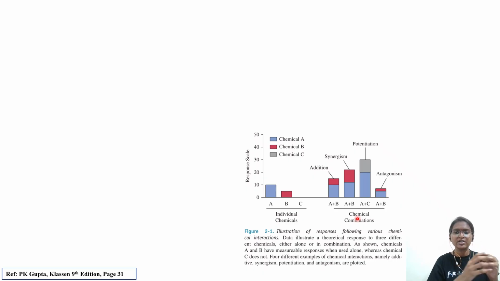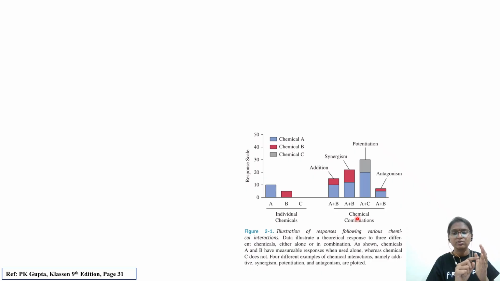So when ethanol is used in combination with carbon tetrachloride, what type of toxicity will you be seeing, whether it is potentiation, cumulative, or synergistic. Like this they will give you an example. Previously, in the ABT recertification question papers, they have asked ethanol in combination with CCl4. So in our exam, they might replace it with some other example.